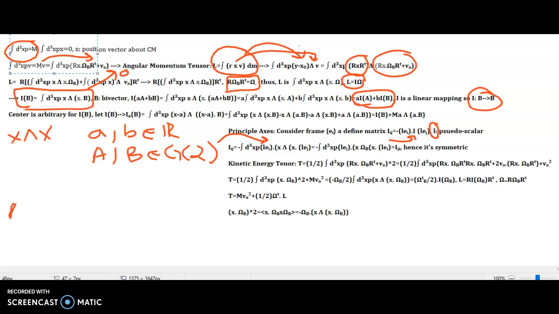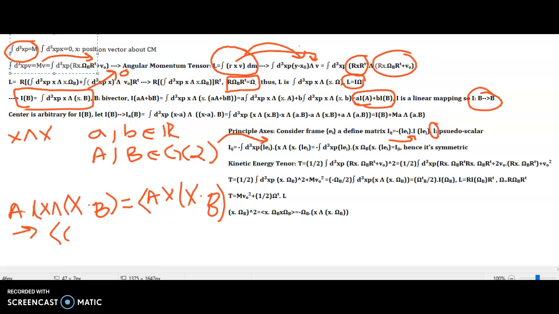So I have the indices, I have A dot X, exterior product X dot B, which is going to be written in bracket notation as A, X dot B, which I can rewrite as A dot XB.